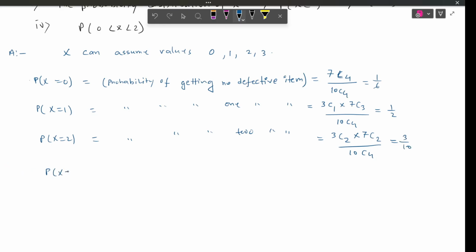Probability of X equals to 3. That means 3 defective items. From 3 defective items, you have taken 3 defective items, and from 7 good items, you have taken 1 good item out of 10C4. This would be 1 by 30.